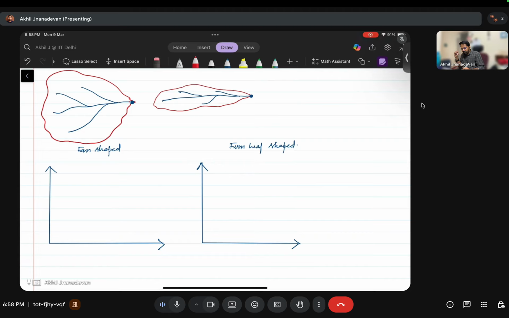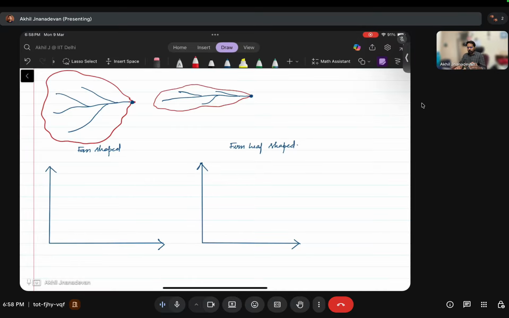And the distance from the farthest point to the outlet is also less, because the streams are short. It is not elongated like in the fern leaf shaped catchment. So the water can reach the outlet point quicker. The time of concentration, which is the time taken by the water from the farthest point to reach the outlet, will be smaller.